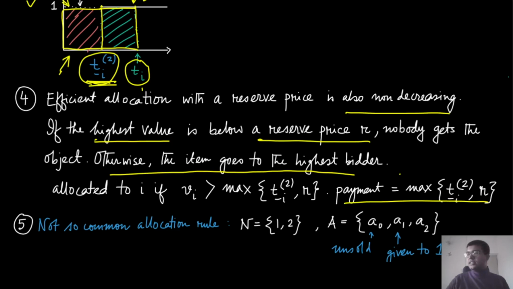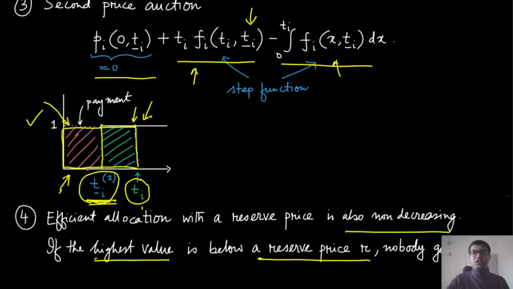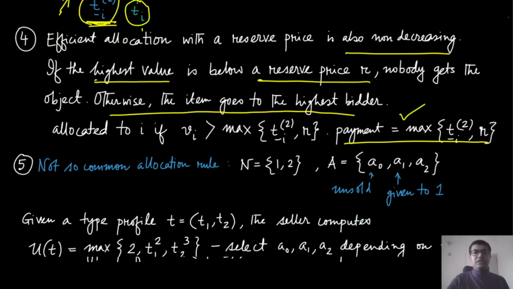That is the modification, and this can also be seen as an outcome of Myerson's rule, simply because the threshold in the allocation rule will now be replaced with the max of t_{-i}^(2) and the reserve price R. Everything else remains the same, and the payment will be this. So that is also a special case of Myerson's characterization result.